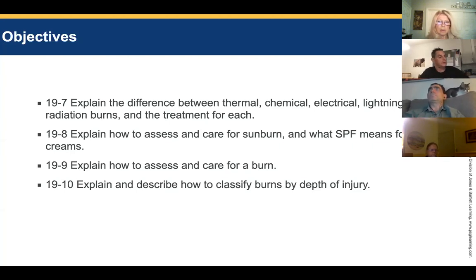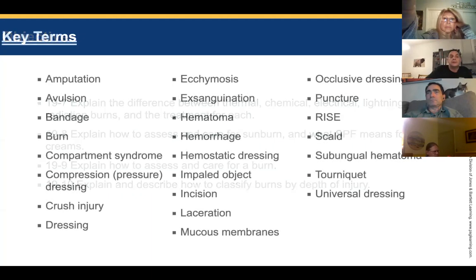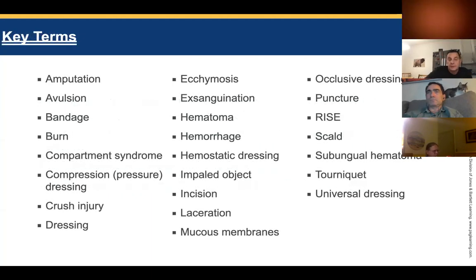Thanks. All right. So finishing up the objectives, explain and describe how to classify burns by depth of the injury. Key terms that you need to know. So you need to look those over and know what they mean. When we do get talking about burns, occlusive dressings, that's a big one.